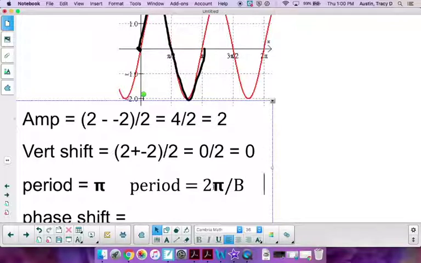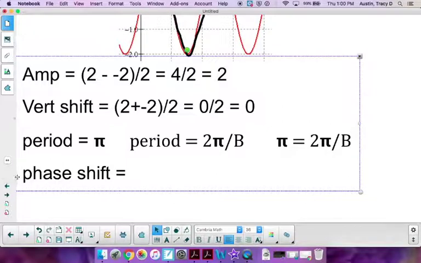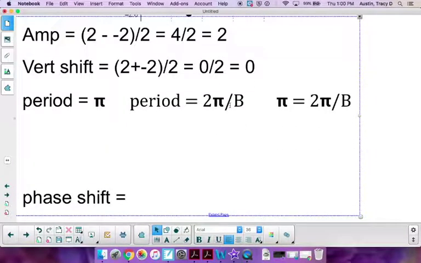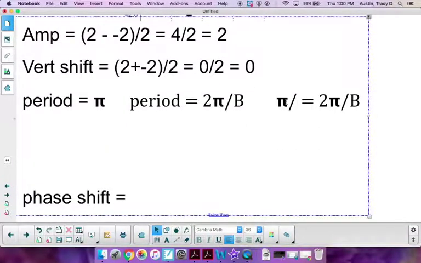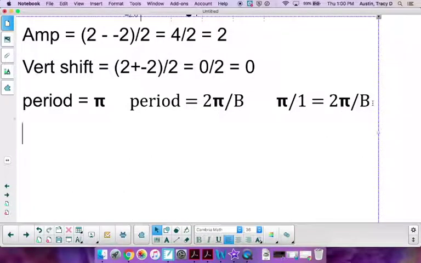Okay, so that means that in order to solve for b, we do pi equals 2 pi divided by b. How do we solve for b from that? You can think about this as pi over 1, right? And we can cross multiply. This would be 2 pi equals pi b.